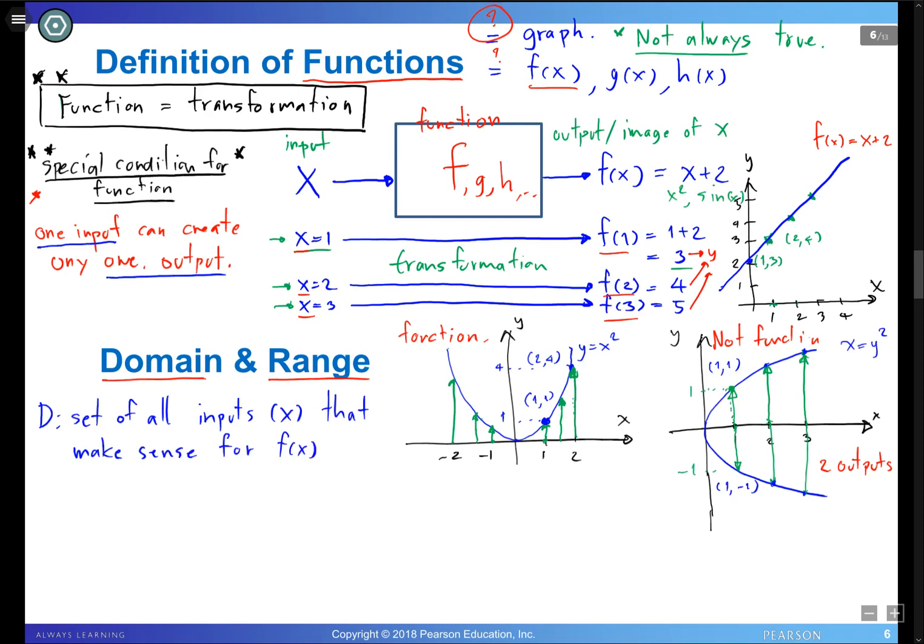When we talk about making sense, it means that no violation would occur by using this x value. Underline this and explain that make sense means no violation. What kind of violations are we talking about? First one, division by 0. So when it comes to violations here, we are talking about division by 0.